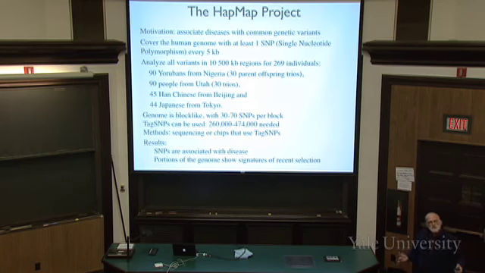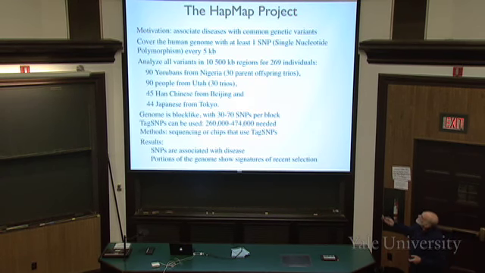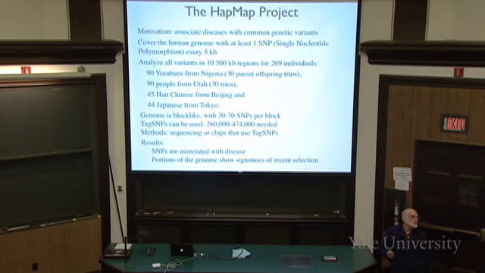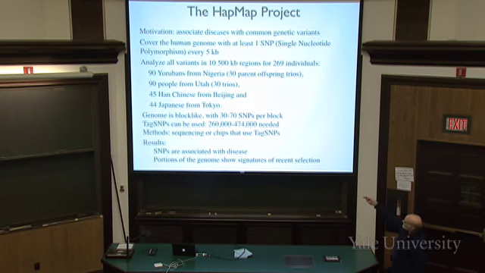So I want to illustrate the impact of genomics with something that's just become possible in about the last 4 years. The HapMap project was done after the human genome was sequenced. And the motivation of it was to try to associate diseases with common genetic variants.